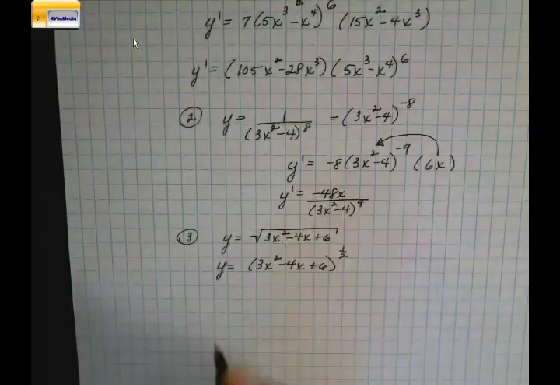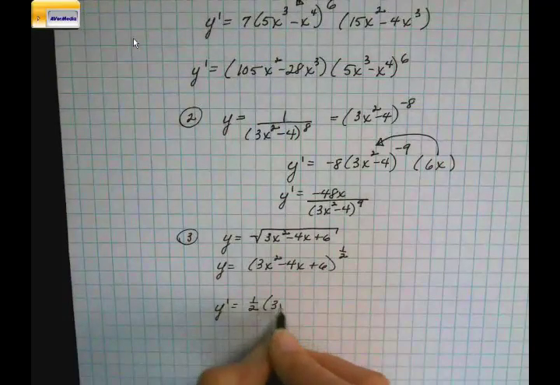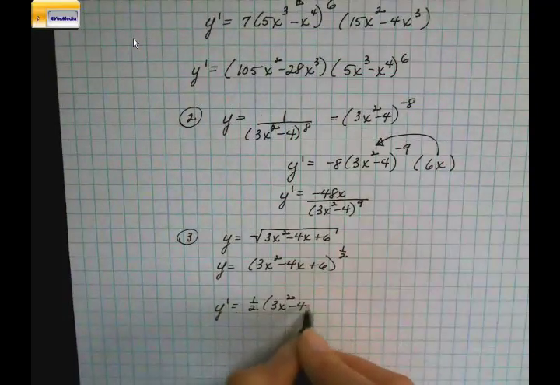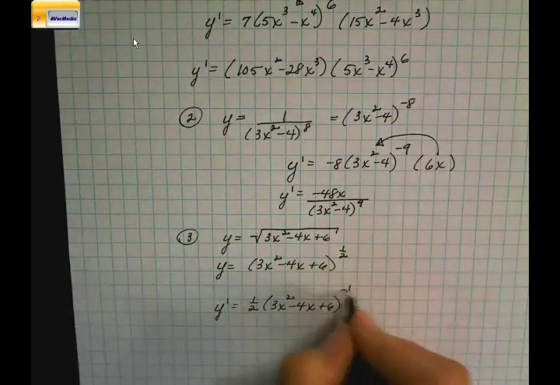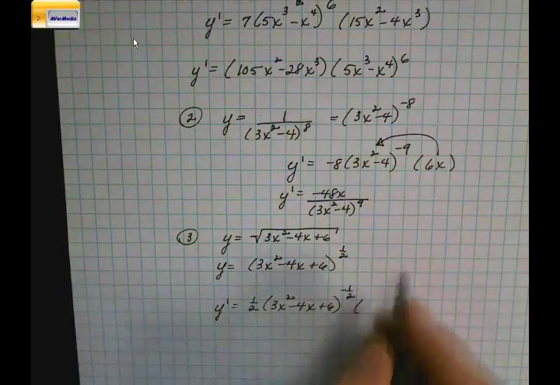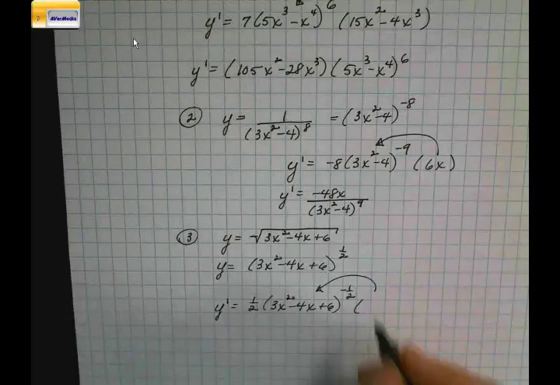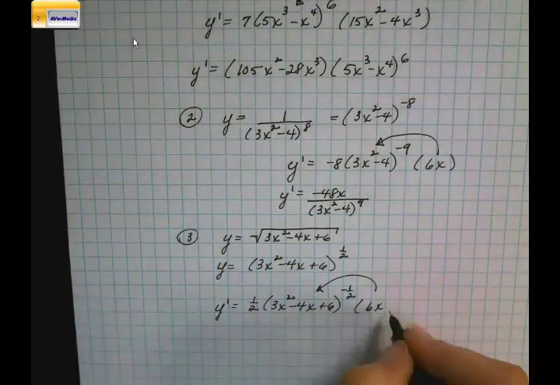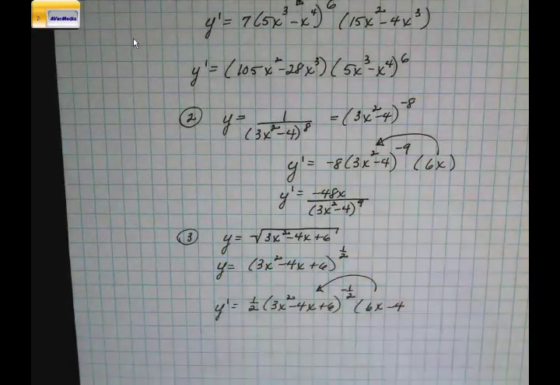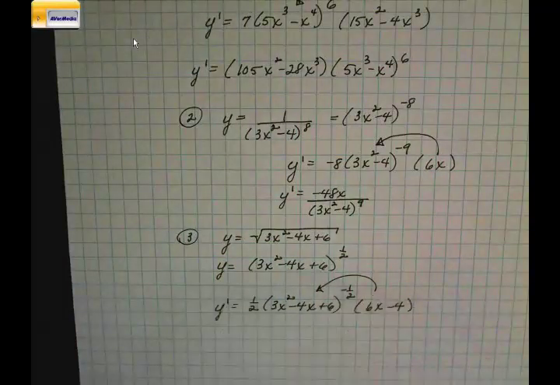Then when you take the derivative, you bring the 1/2 in the front. What's 1/2 decreased by 1? Negative 1/2. And then take the derivative of everything inside those parentheses. The derivative of 3x squared is 6x, and the derivative of a negative 4x is a minus 4, and the derivative of plus 6 would be plus 0, so we're just going to leave that off.